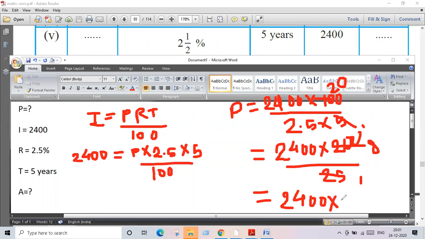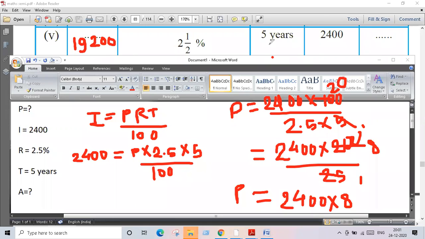There is no space, so I'll write it up here. 2400 times 8: 8 times 4 is 32, 8 times 2 is 16, 16 plus 3 is 19. So 19,200 is the principal.